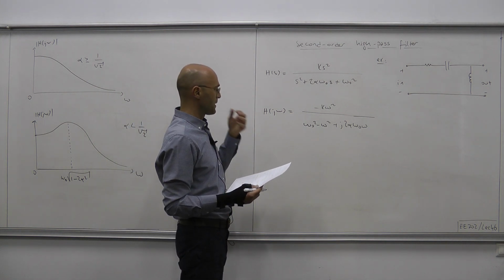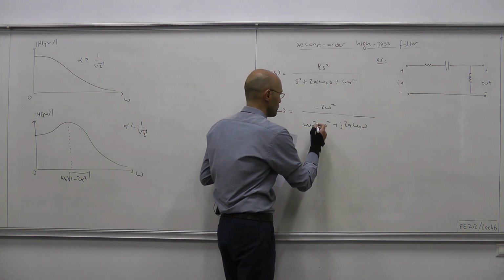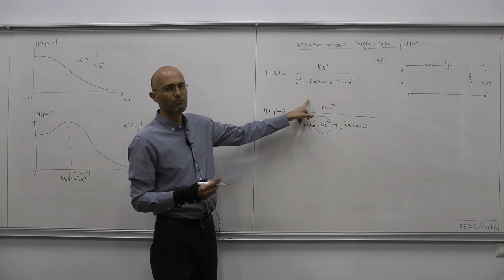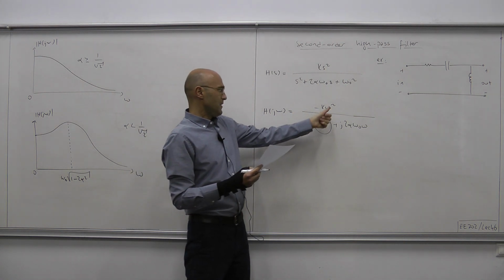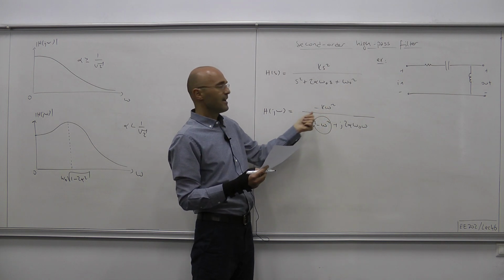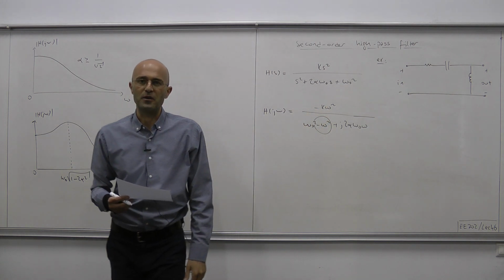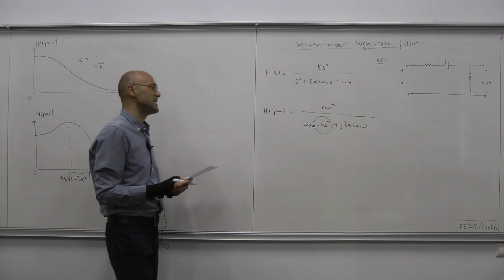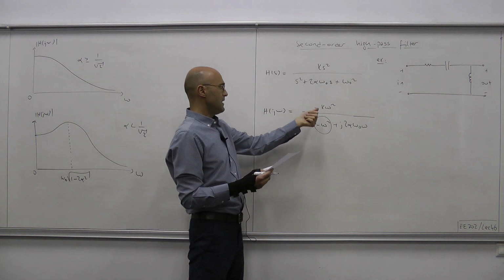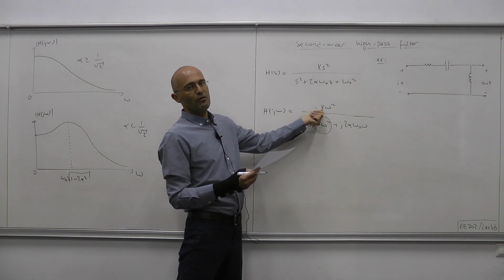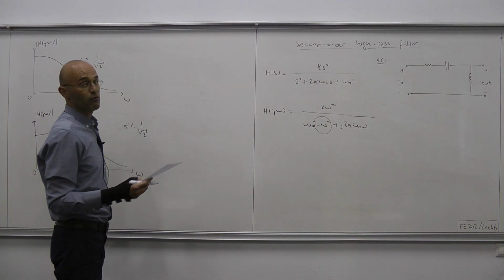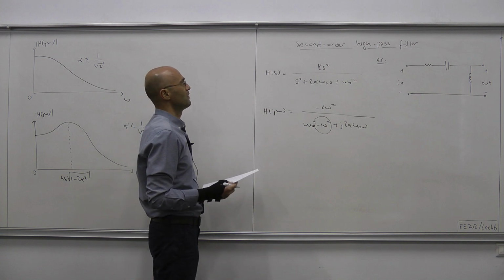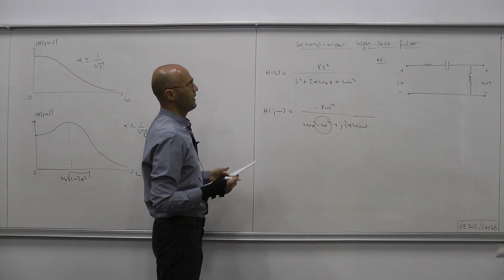And at very high frequencies, the omega squared term dominates the denominator, and the ratio with the numerator is k. So at very high frequencies, the gain equals the magnitude of k. So we're far from 0.